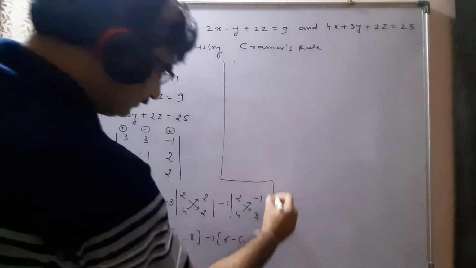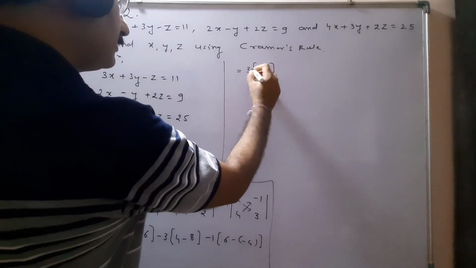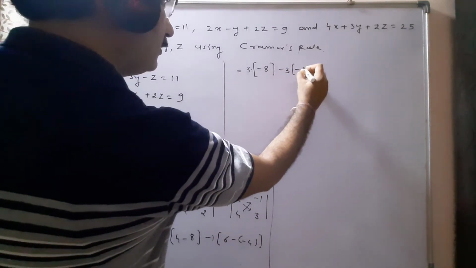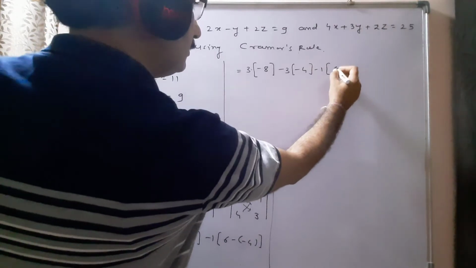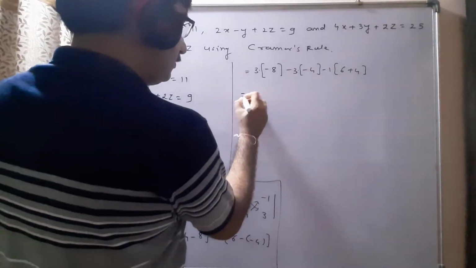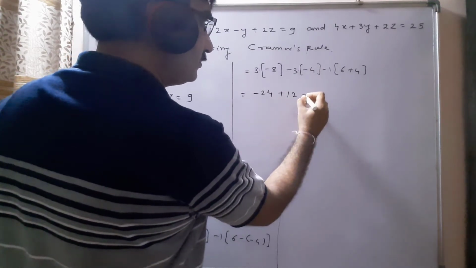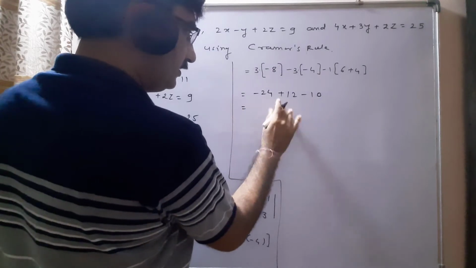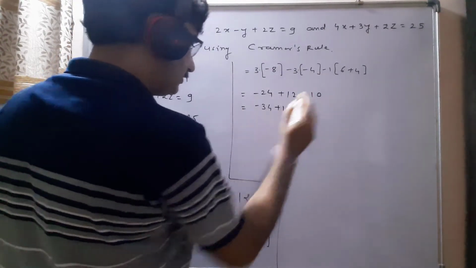So in this case, 3 into minus 8 minus 3 into minus 4 minus 1 into 6 plus. So here we get minus 24 plus 12 minus 10. So finally we get here minus 24 minus 10, minus 34 plus 12.